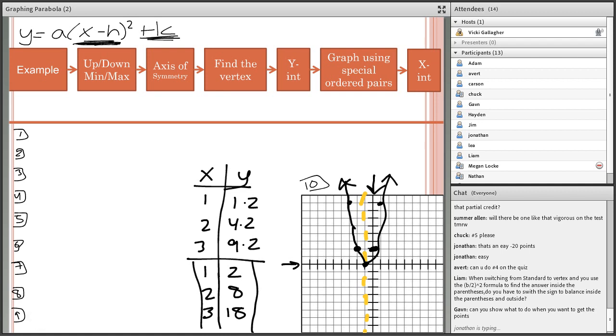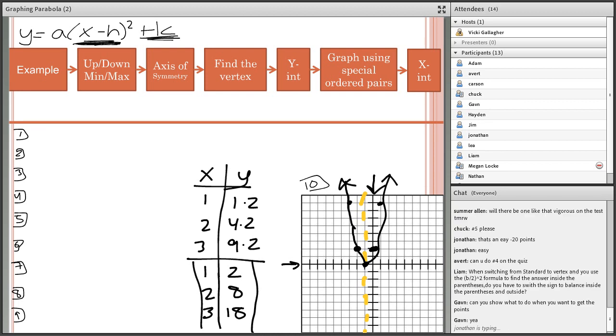The special ordered pair points, the dots on the graph. Do you understand the chart that I drew?